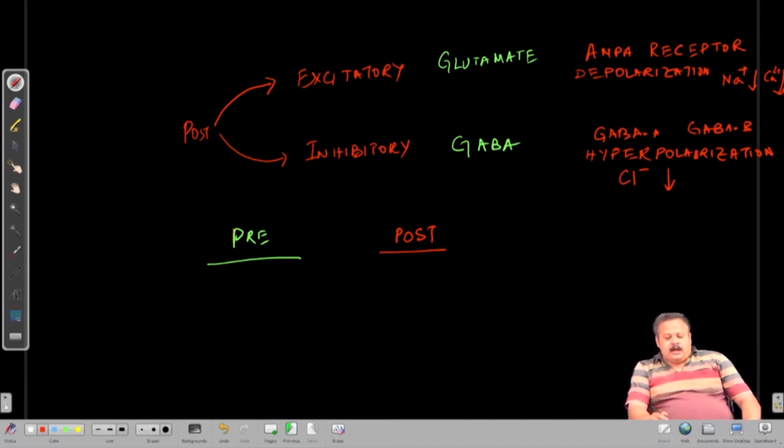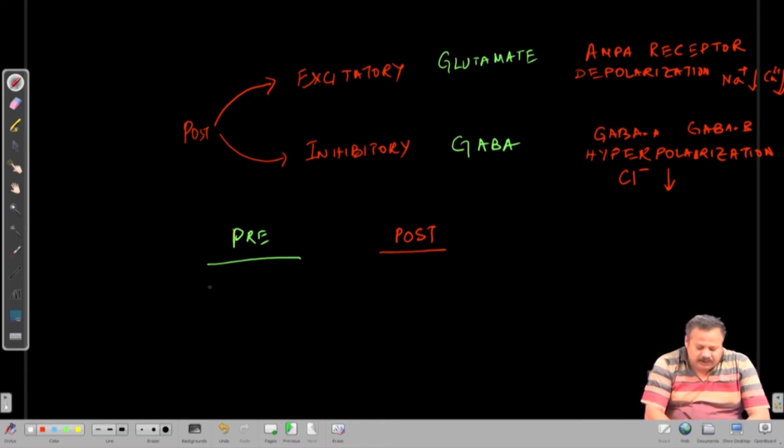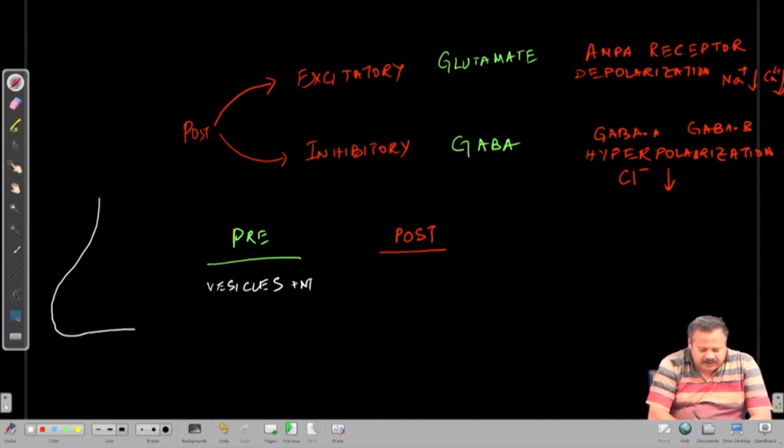So, the presynaptic side has vesicles with the neurotransmitters. If we recall the presynaptic terminal, we have vesicles that contain neurotransmitters.